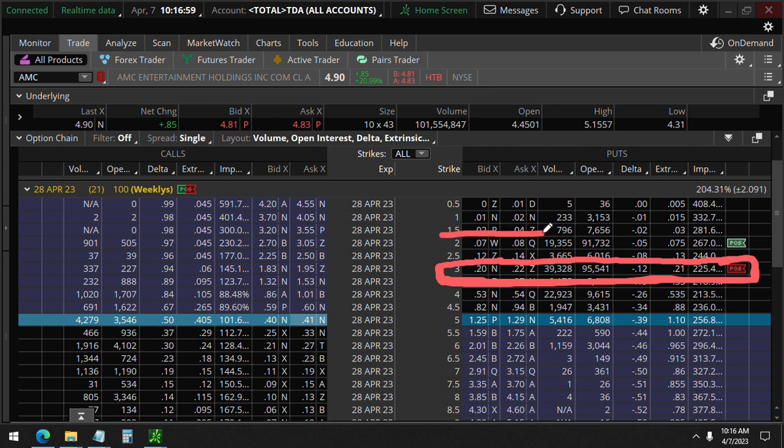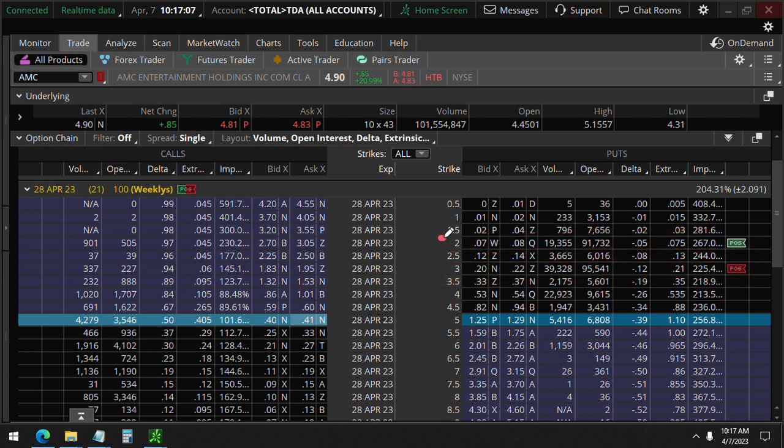We are now profitable on this trade, about 75% in just a day. Yesterday when it closed, it was at 75% already because it went up from $4 to close to $5 because of this wonderful 20% gain on AMC.